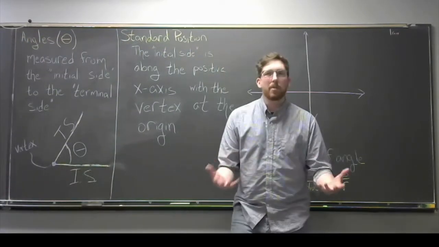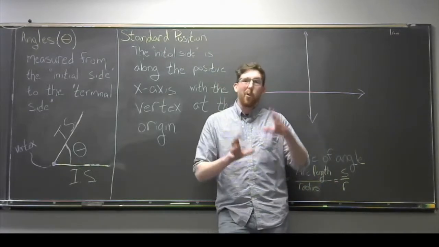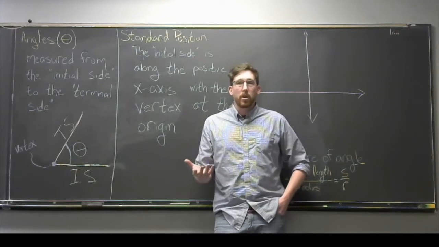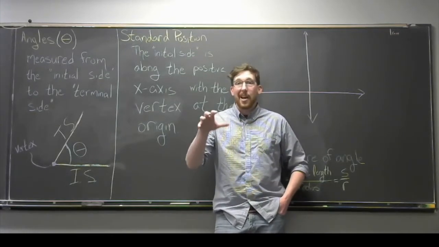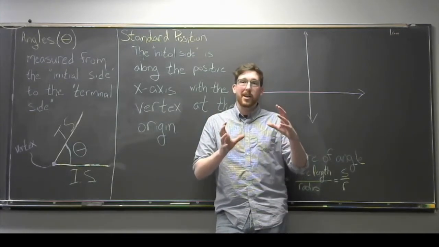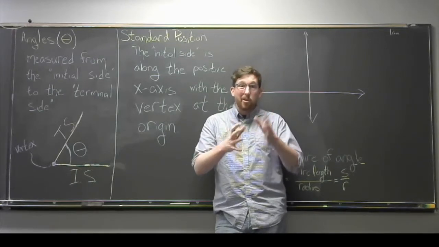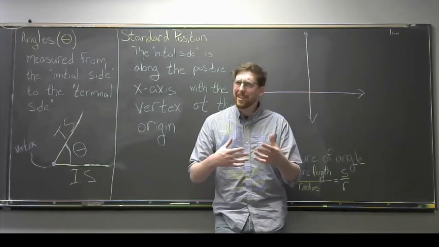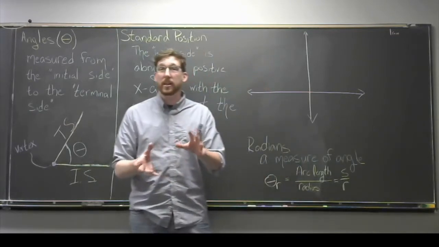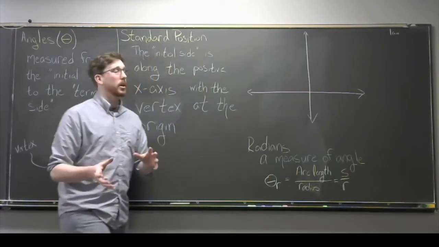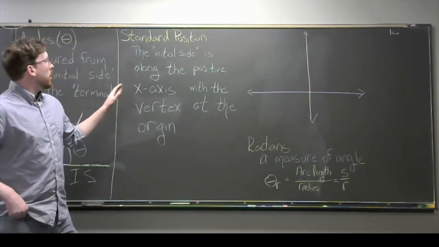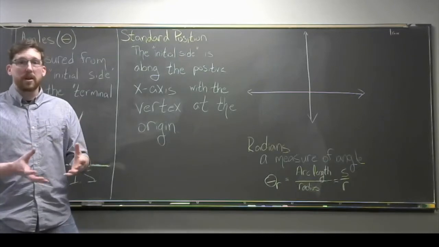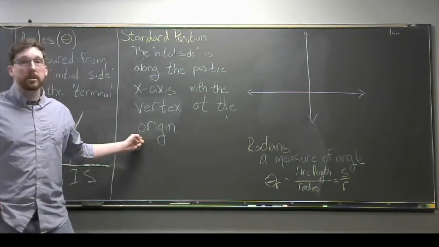From there, it's not enough just to talk about angles, right? We need a way of orienting ourselves. So we have this other idea of standard position, which is exactly that. It's the idea of how are we going to orient these shapes, these triangles, these circles, etc., so that we can all agree on what it is we're measuring, what it is we're talking about. To get that orientation, we use what's called the standard position.